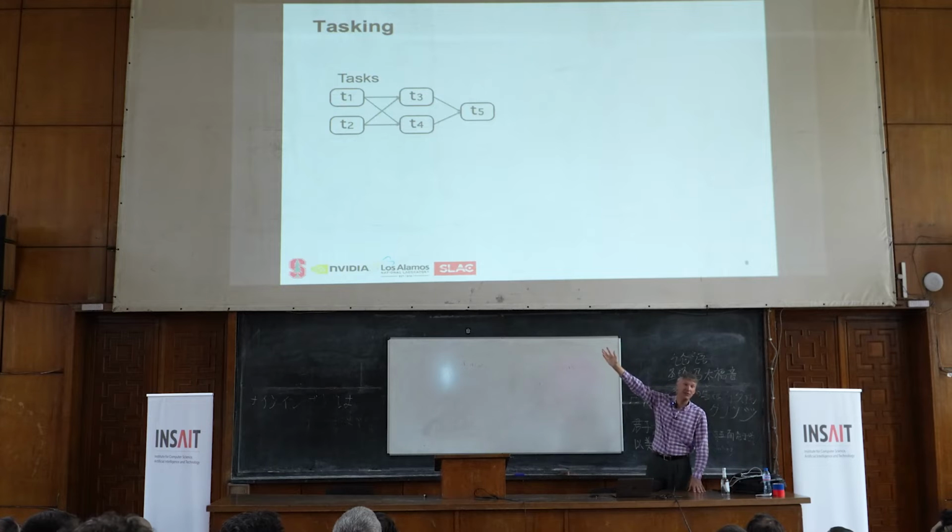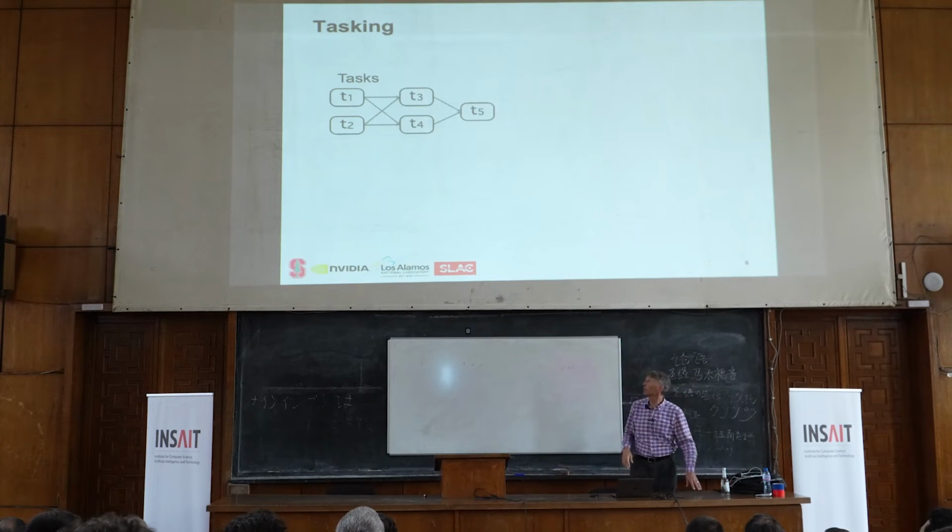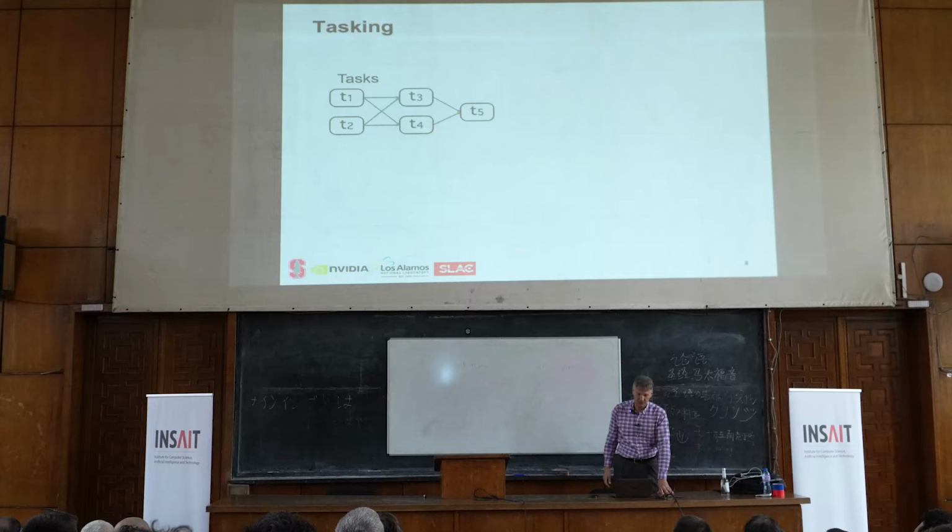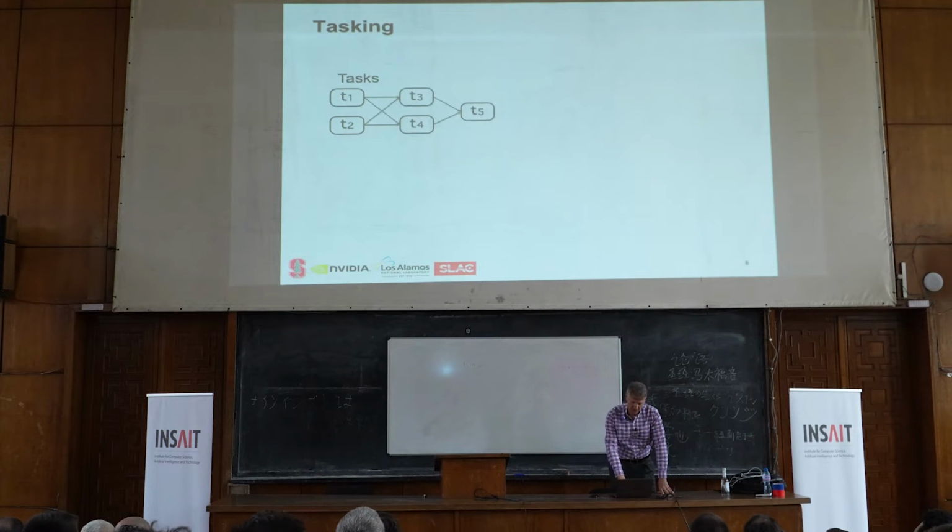And you have some dependencies between the tasks, and the edges here between the tasks just represent ordering constraints. So for example, task 1 and task 2 up there, they have no edge between them, so they can run in parallel. They can be scheduled at the same time. But task 1 has to finish before task 3 can run.